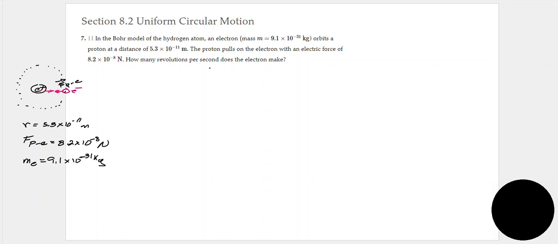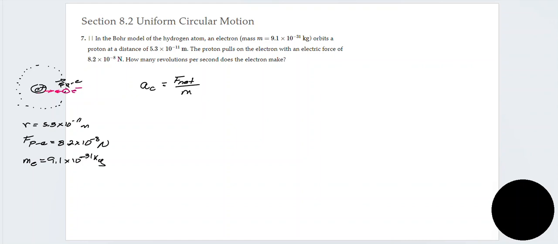So what happens here? If we have an electron moving in circular motion, it is because there is a net force, right? And associated with this net force, there is a centripetal acceleration. This centripetal acceleration, as you know, will be the net force divided by the mass.